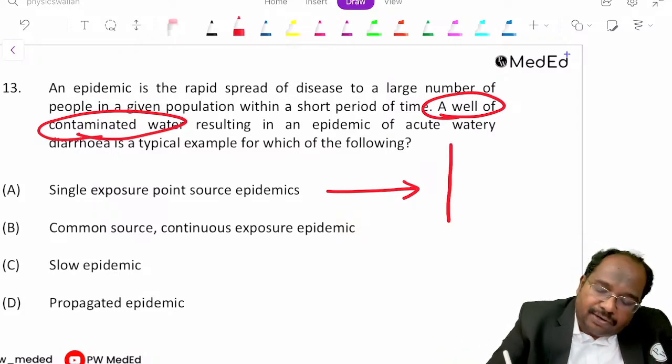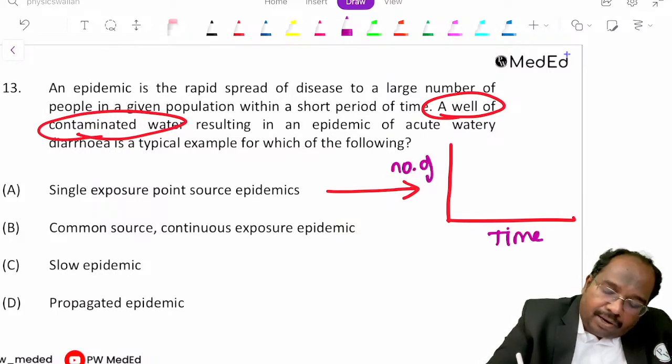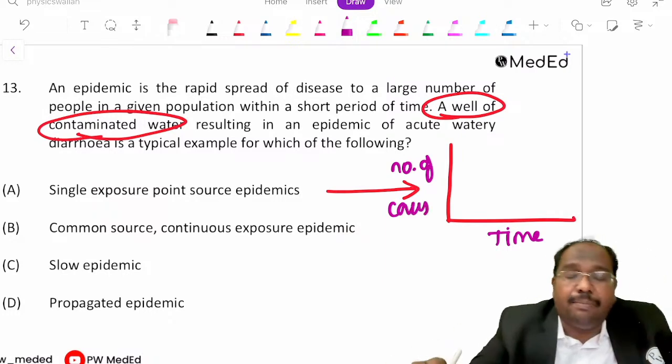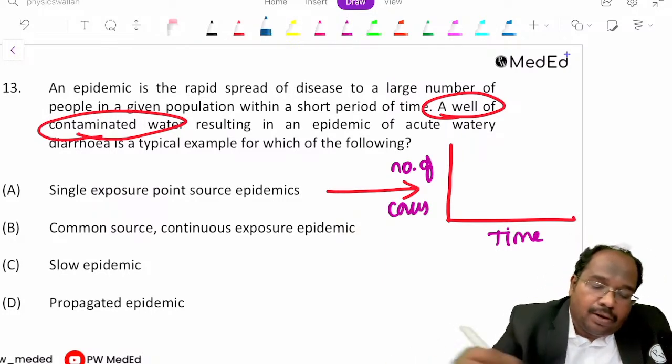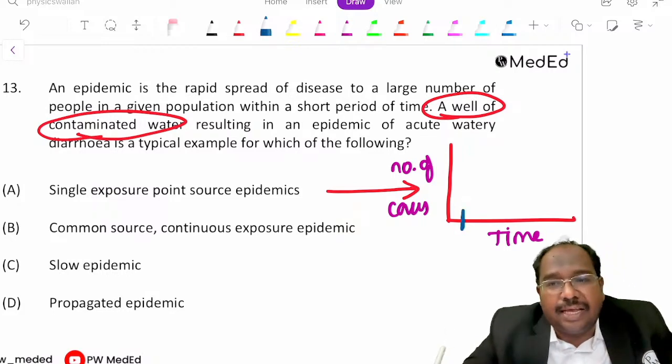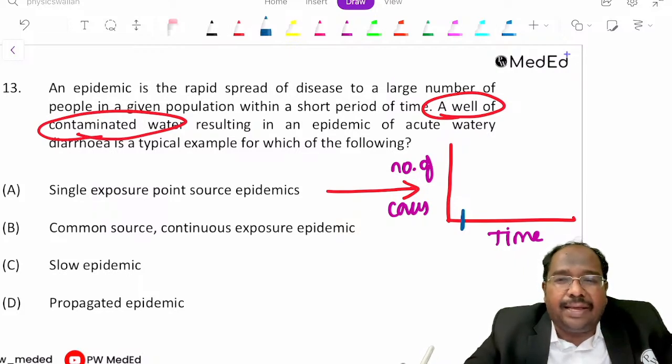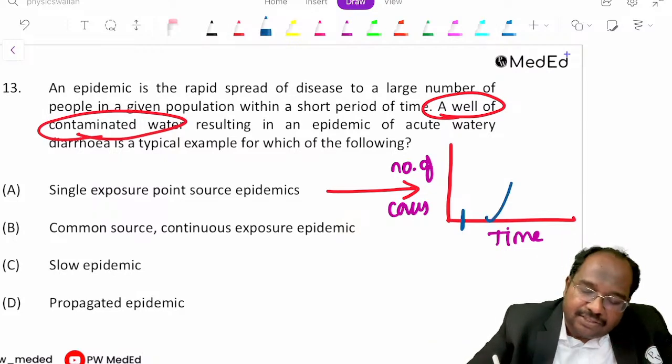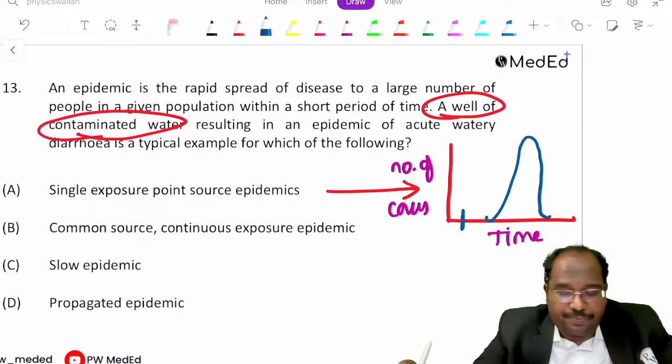Suppose it will go like this. You take time and number of cases. Suppose in your hostel they are making non-vegetarian food, all of you are eating. After some time the acute diarrheal disease started increasing. The number of cases will increase, then it will come down.